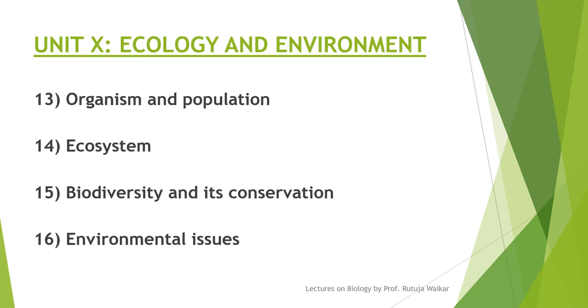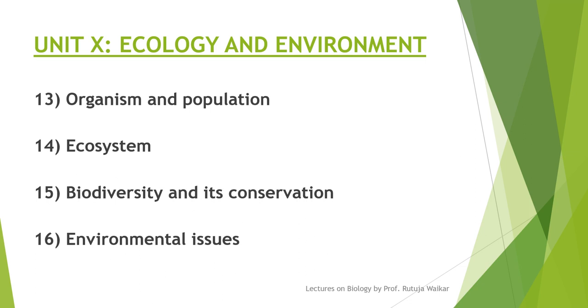And the last unit, unit number 10, is ecology and environment. It has a total of 4 chapters, chapter numbers 13, 14, 15 and 16, and this unit has a total of 14 marks. Organism and population is chapter number 13.